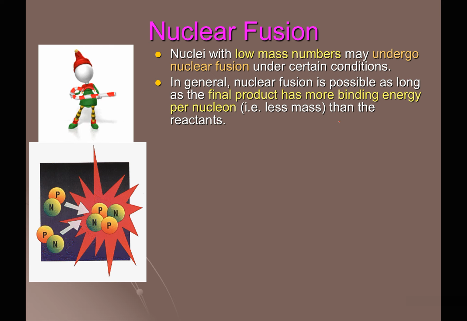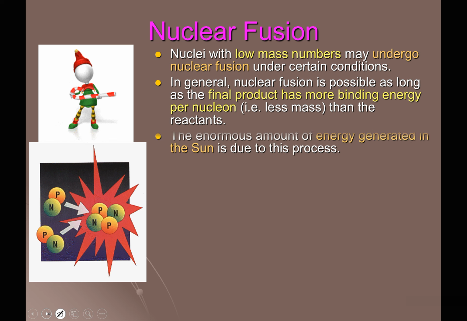So if you have, for example, helium, it must combine with another nucleus to result in a bigger nucleus so that the binding energy per nucleon is higher. So fusion is possible if the final product has a higher binding energy per nucleon. If the final product has a lower binding energy per nucleon, then we cannot say that fusion is possible.